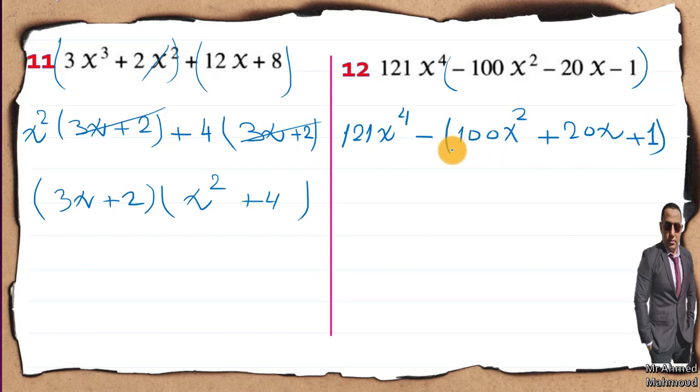Okay, now I'm going to change. I have changed the sign because the perfect square must be positive.